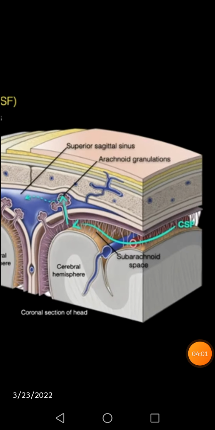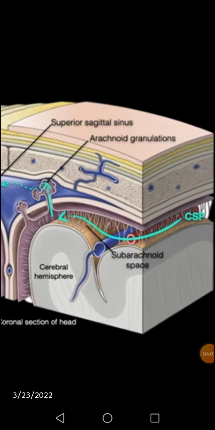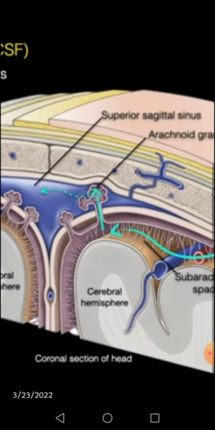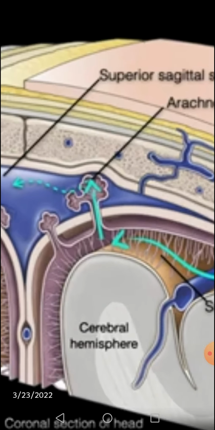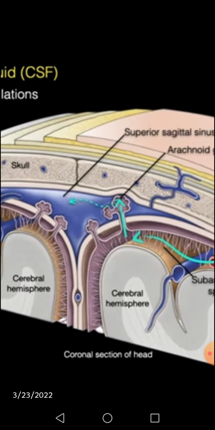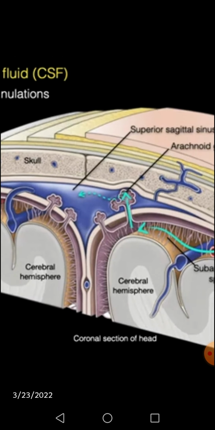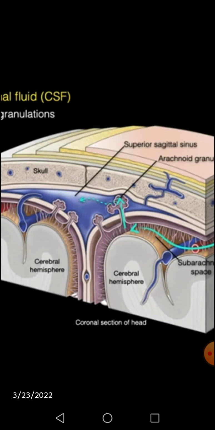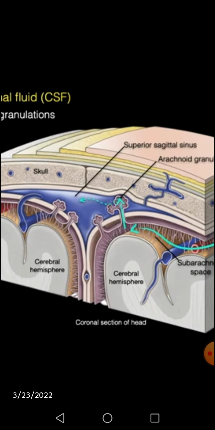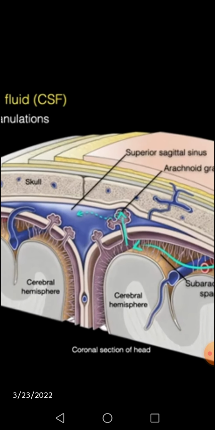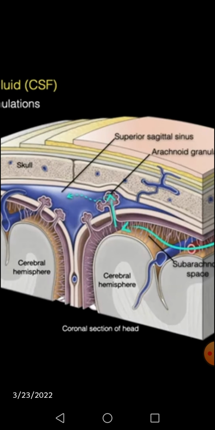Another good diagram showing the flow of the CSF: through the subarachnoid space it enters into the arachnoid granulations, which open into the superior sagittal sinus. And this is how the CSF produced in the ventricles passes through the subarachnoid space, and finally through arachnoid granulations drains into the superior sagittal sinus.